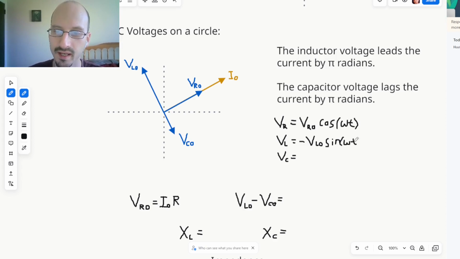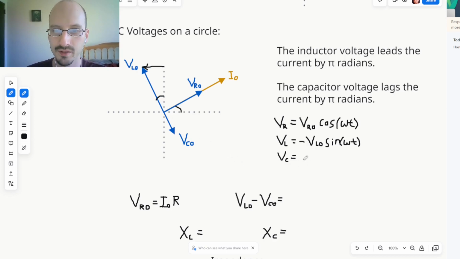And the reason it's negative is because if you look at this vector over here, the angle that matches with this angle goes with the other axis, which means the sine goes this way. And that is a leftward pointing arrow, which means that's a negative number, but the sine of the angle is positive. So that's why there's this minus sign here in the inductor voltage equation.